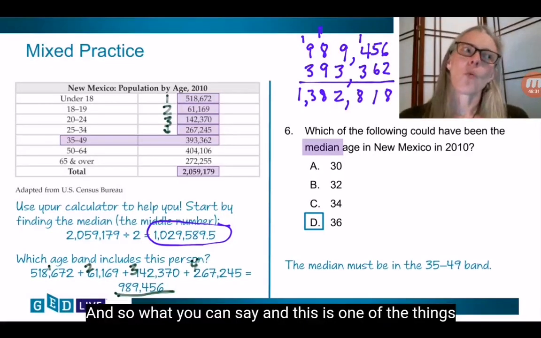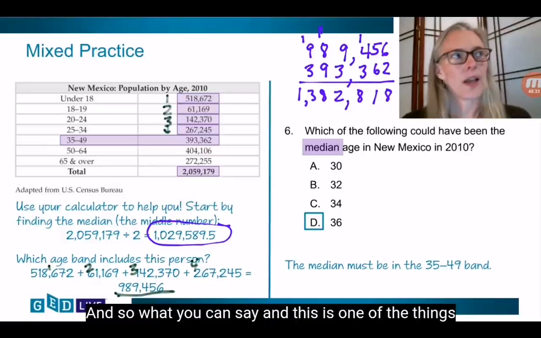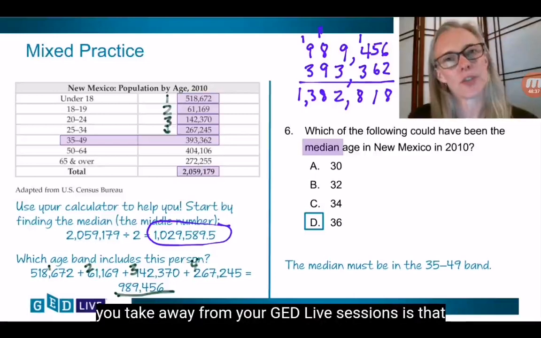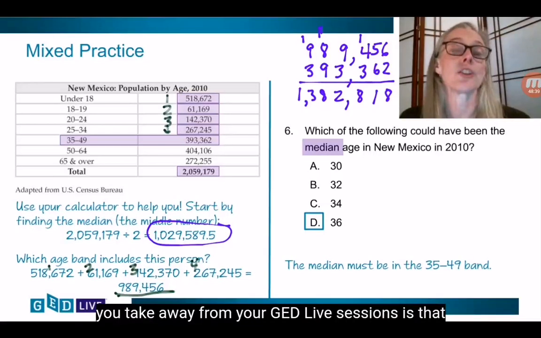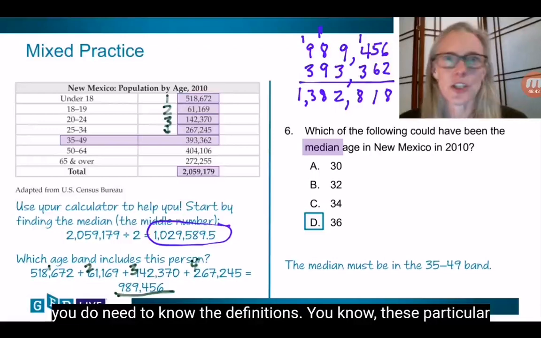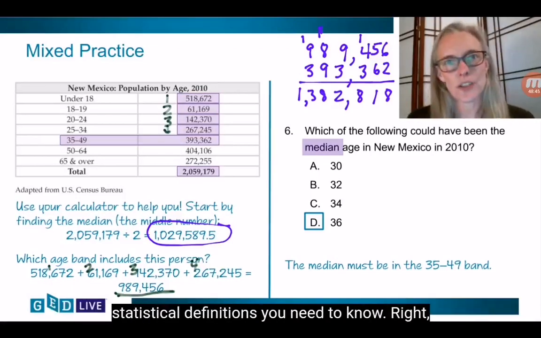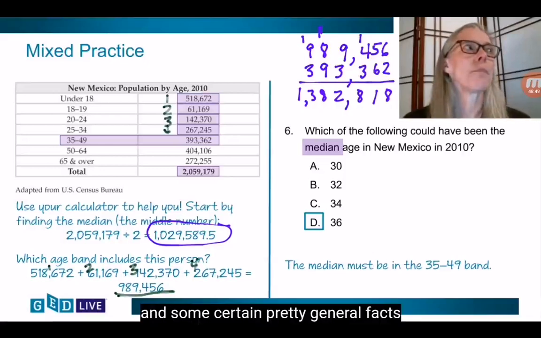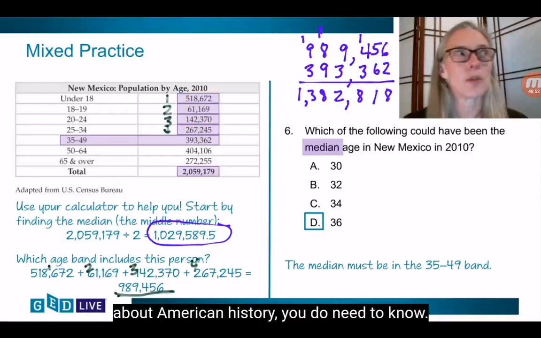And so what you can see, and this is one of the things that we continually want to remind you and have you take away from your GED live sessions, is that you do need to know the definitions. These particular statistical definitions you need to know, right? And some pretty general facts about American history you do need to know.